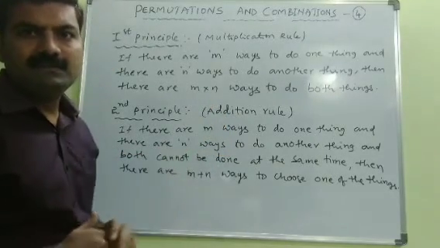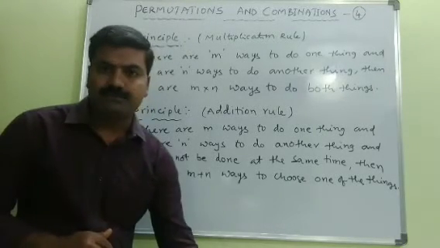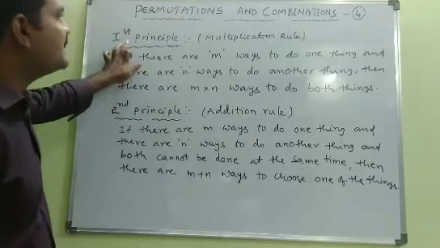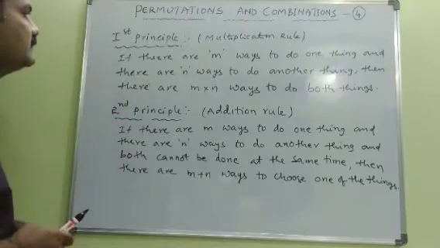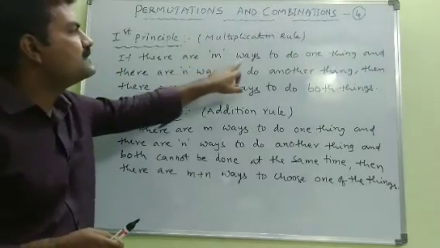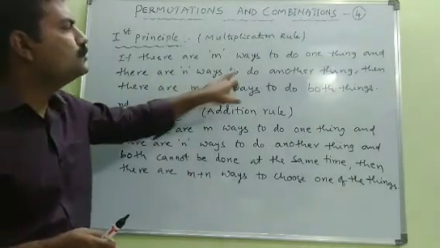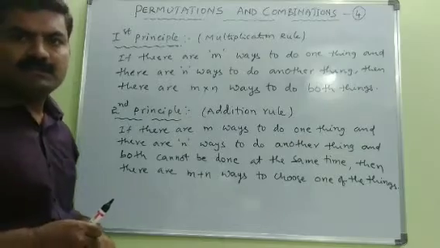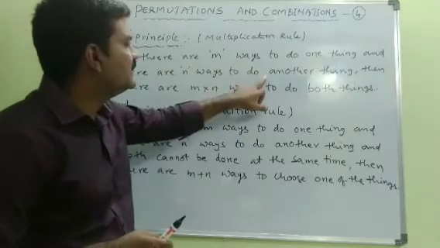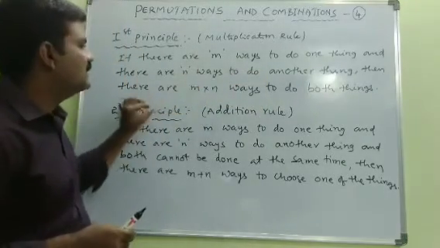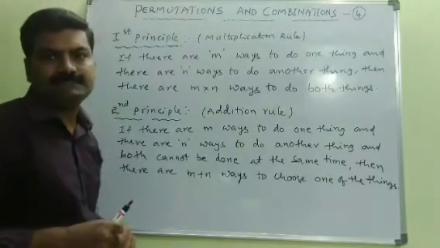Let us see in detail what they are. Coming to the first principle, the multiplication rule: if there are m ways to do one thing and n ways to do another thing, then there are m into n ways to do both the things.